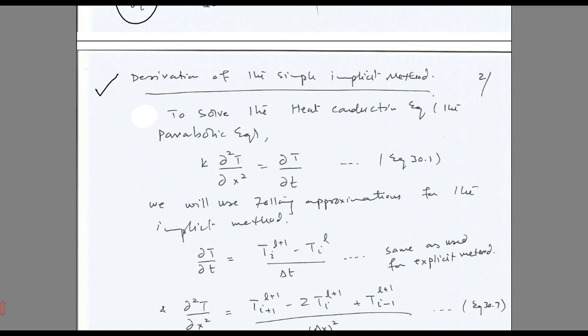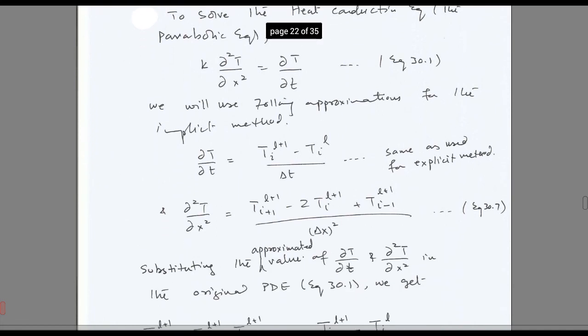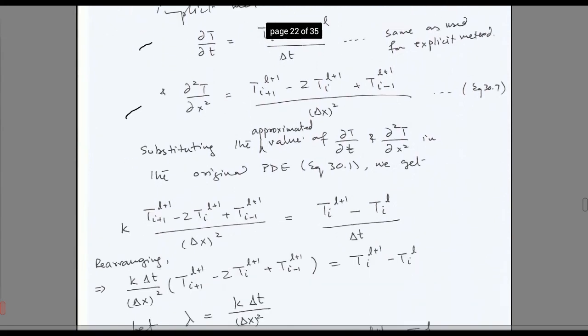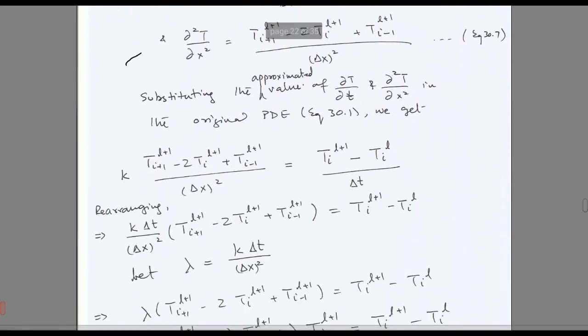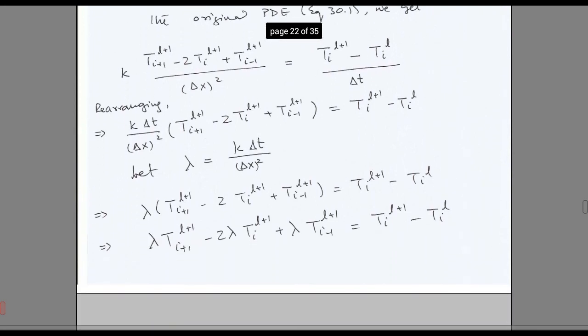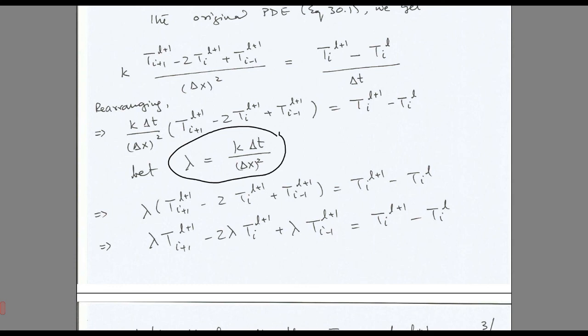We substitute the derivatives correspondingly, and it goes like this after substitution. It's a matter of rearrangement, and here is the assumption of lambda.